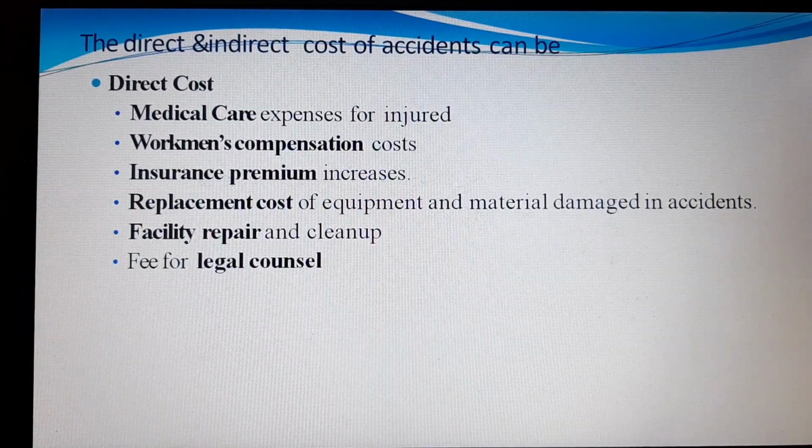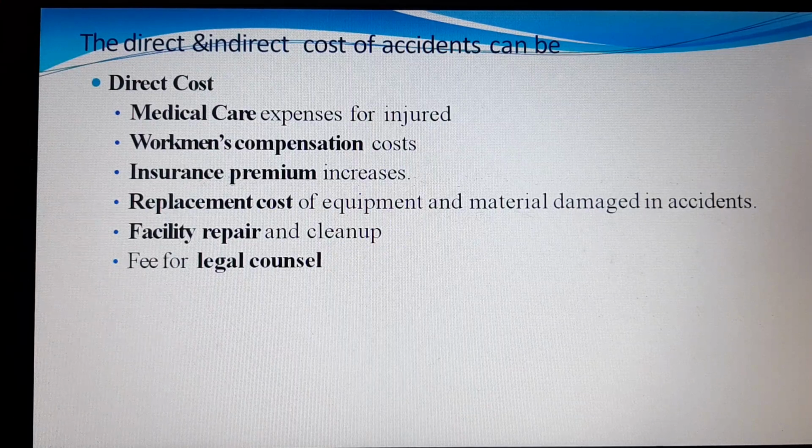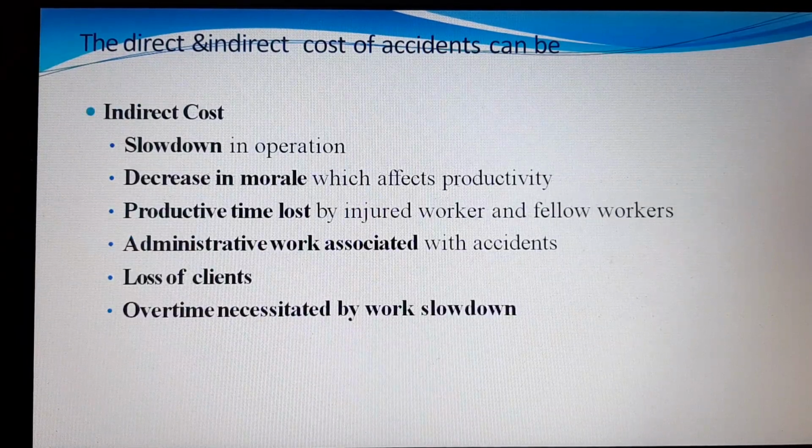We may have to spend a lot, and apart from all this, we may have to pay for legal counsel to take up the case.